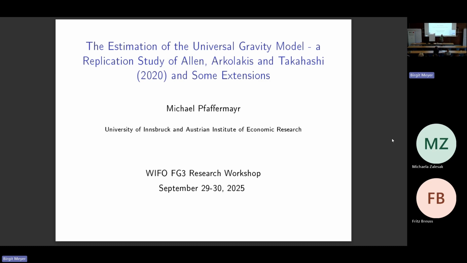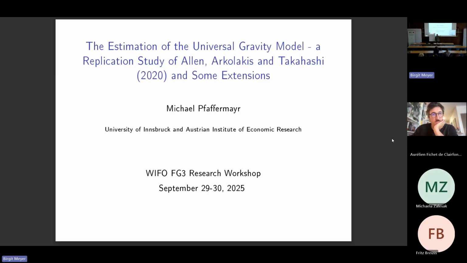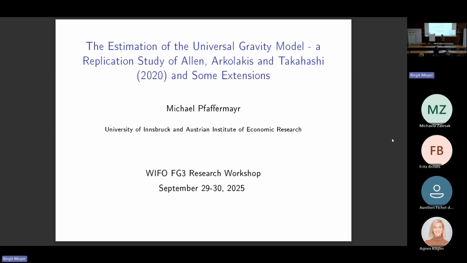We have done this with Harry and Richard, for example, like the time to export, and multiply by the border dummy IJ, so that this unilateral determinant is transformed to a bilateral one, because domestic trade flows are not affected, but only those crossing the border. And the question now is how we can do that.